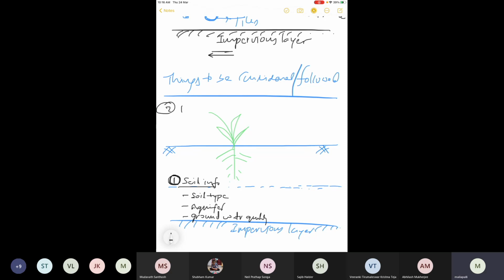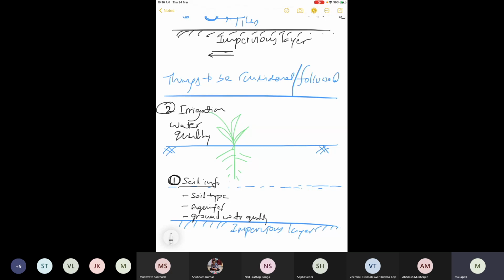Number two is irrigation water quality, because irrigation water also sometimes contains salts.